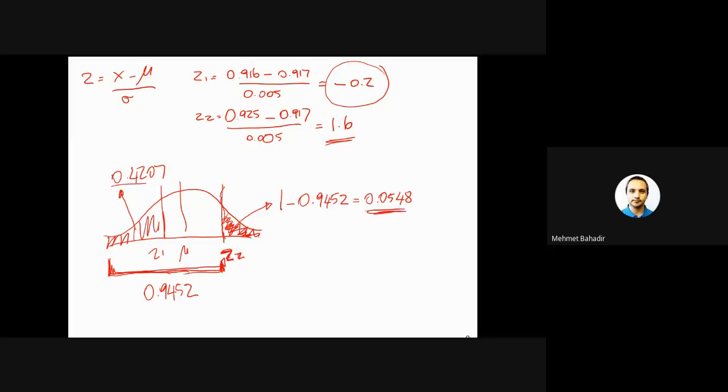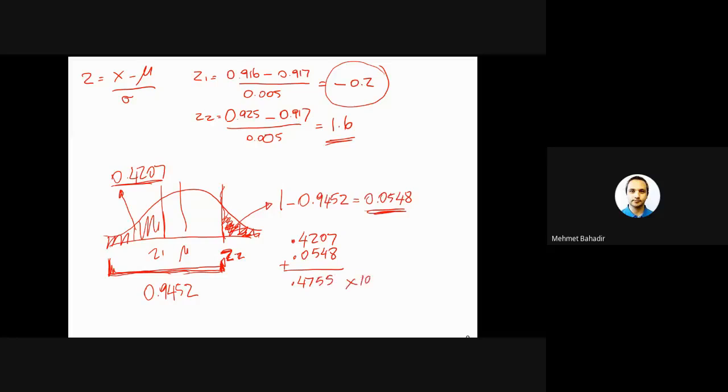Now, this is the area on the left side of our critical values of z1 and z2. And all we have to do now is add them up and multiply by 100 to calculate the percentage. So 0.4207 and 0.0548, and this is going to be 0.4755.